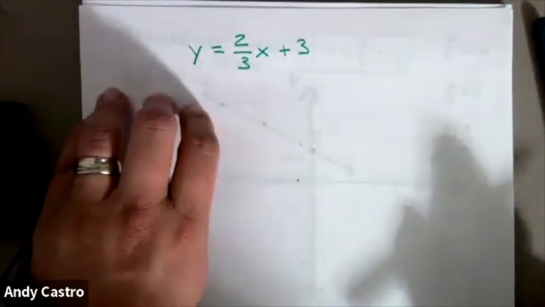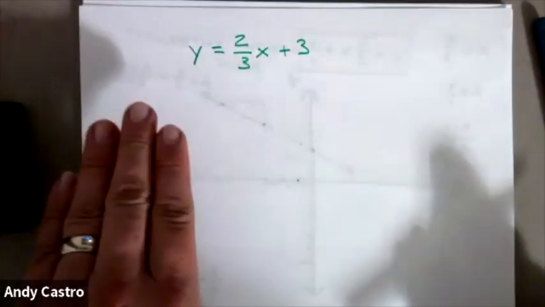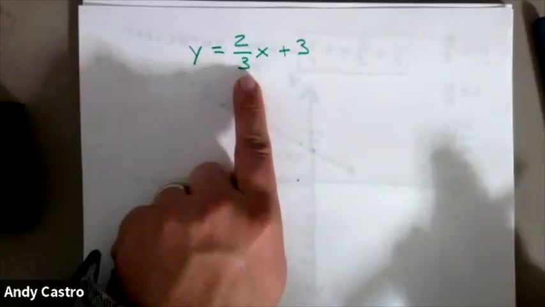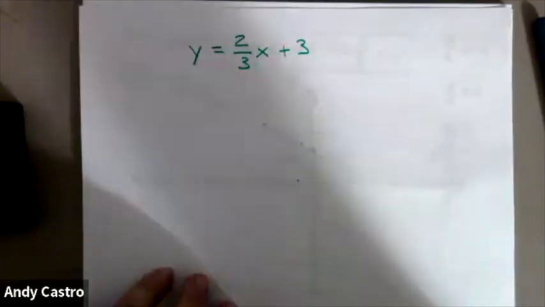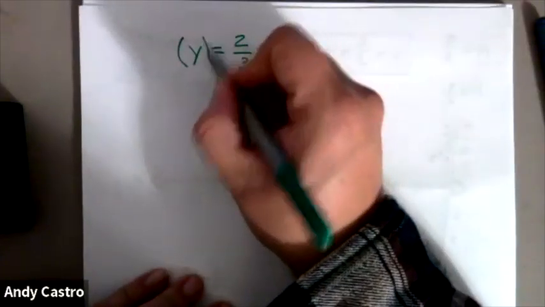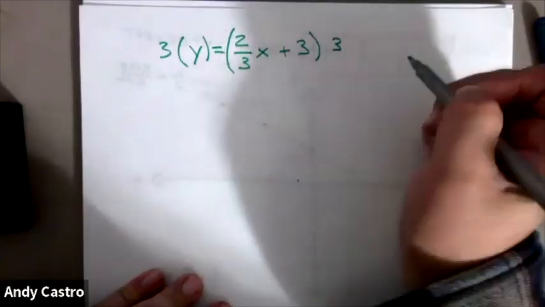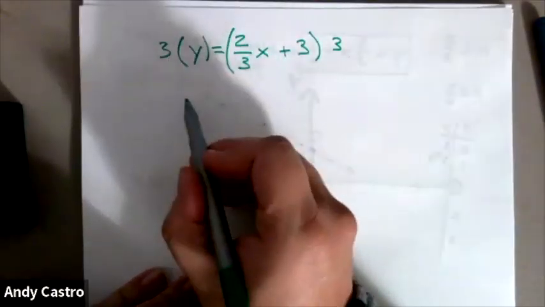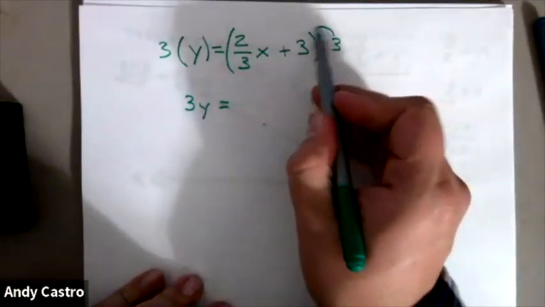All right, so both my x and y need to be on one side, and then one number on the other, and no fractions. I have a fraction, so I want to get rid of that 3 in the denominator. So I'm going to multiply both sides of the equation by 3. Okay, 3 times y is 3y. Then I'm going to distribute this.